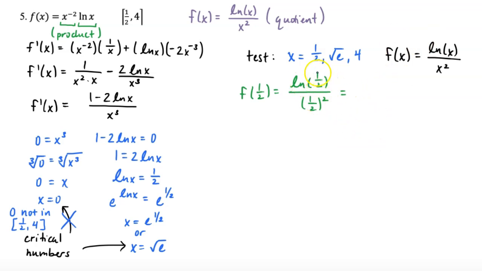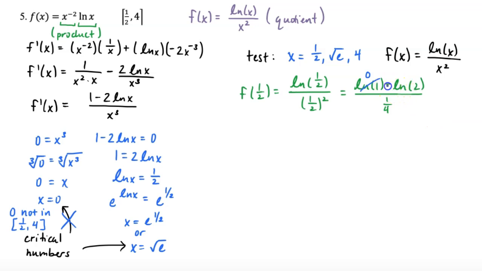All right, simplifying this. So the natural log of 1/2, let's remember those rules of logarithms. When I have the natural log of a quotient, I can actually separate this by subtraction. So this is the same as the natural log of 1 minus the natural log of 2. This is all being divided by 1/2 squared. Well, that's just 1/4. Now the natural log of 1, remember, is just 0.